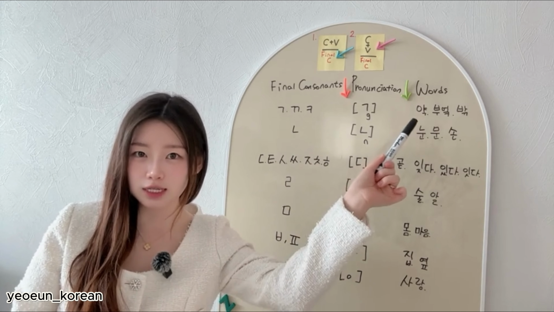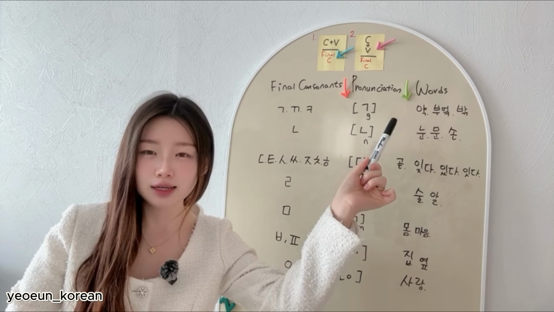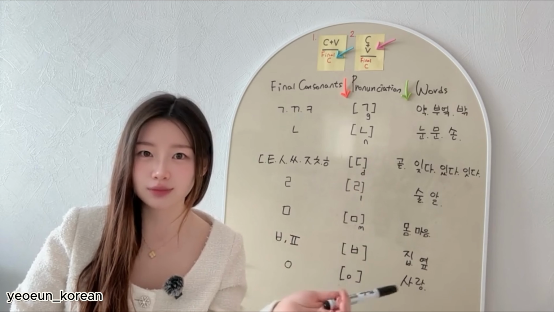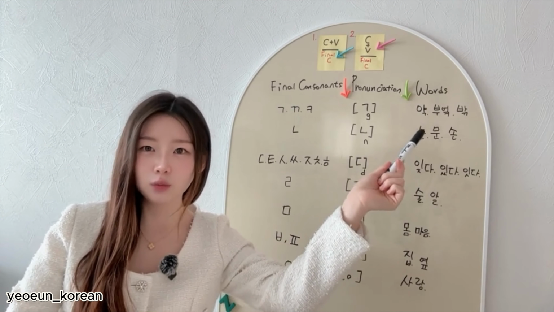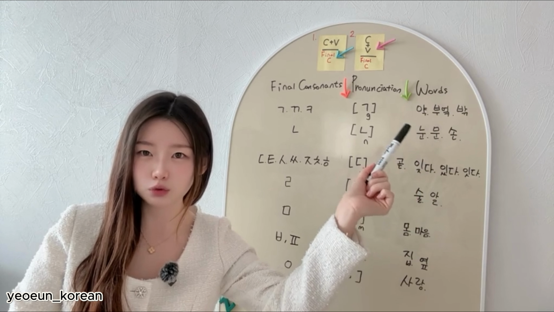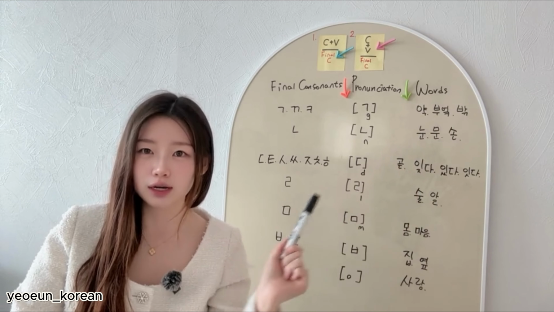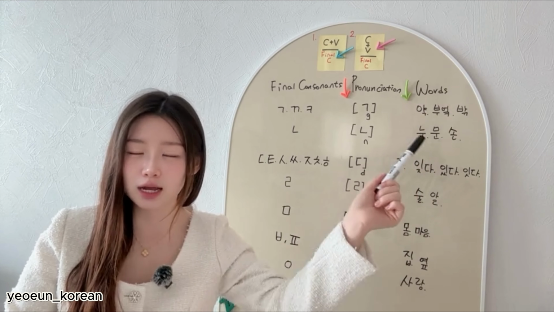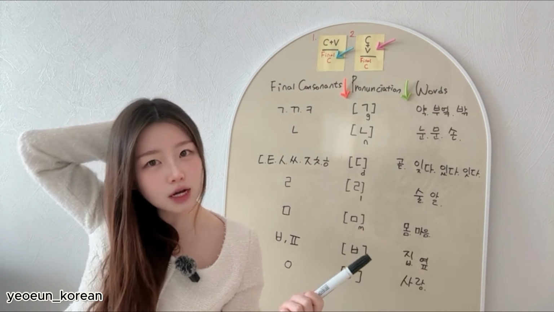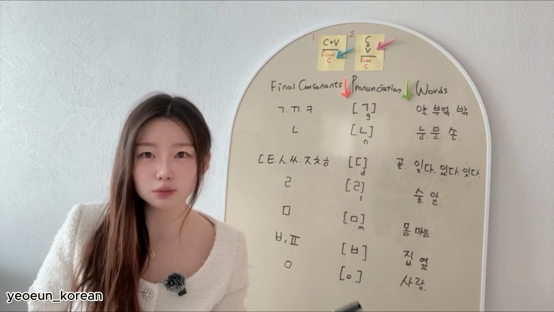The first word here, we have 약, which means medicine in English. And the second one, we're going to say 부엌. Guys, see, I'm not pronouncing it as 부엌 with an English sound. We're not going to say it that way. We say 부엌.